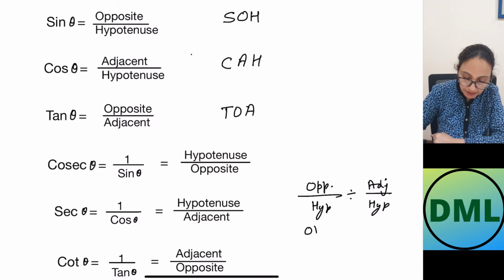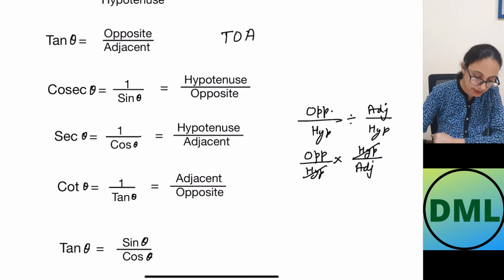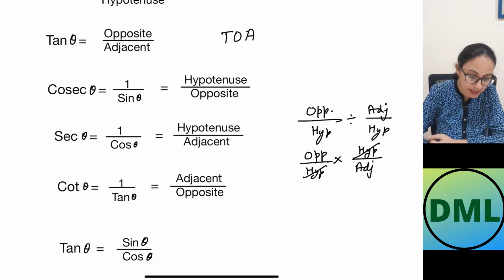If I flip the second fraction and multiply, the hypotenuse gets cancelled and you get opposite over adjacent for tan theta. As you can see, tan theta is opposite over adjacent.